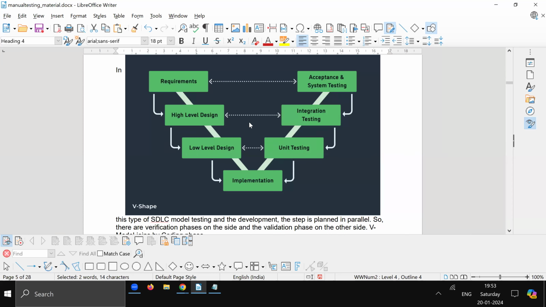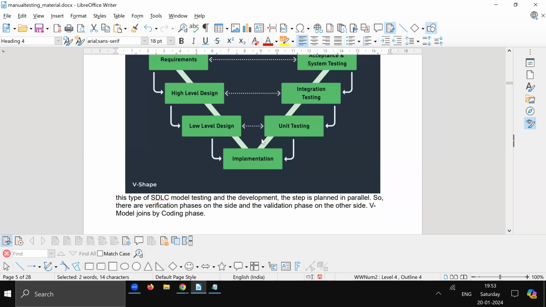And a person who knows about SDLC models and the software test lifecycle model can only be considered a software engineer. So this is what I told you today about the requirements gathering phase, analysis phase, design phase, coding phase, testing, implementation, meaning deployment, and other models that belong to software engineering.